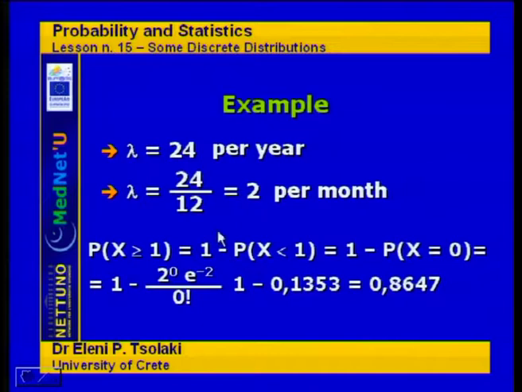We see here that for a discrete random variable, it is very important to be careful about equal signs or not. They will make a difference. And so we can calculate this probability, which is 0.8647.